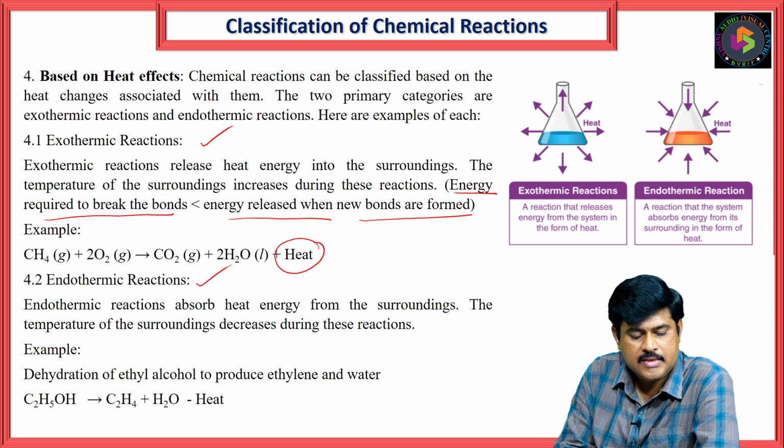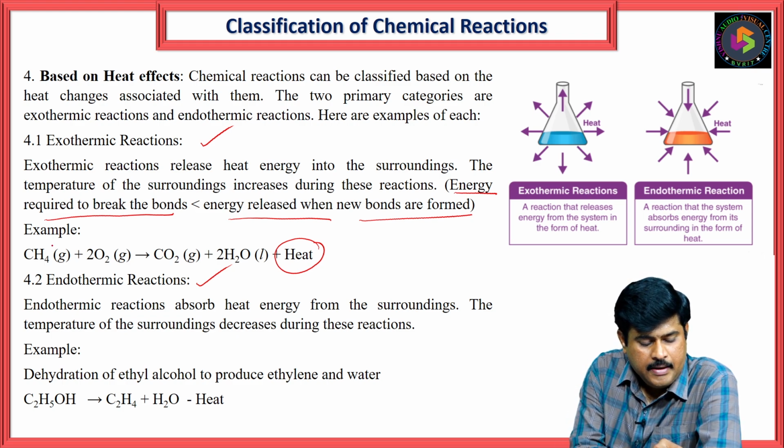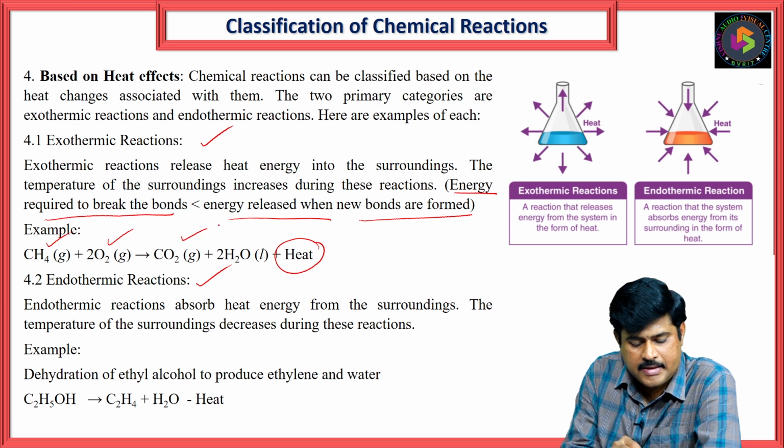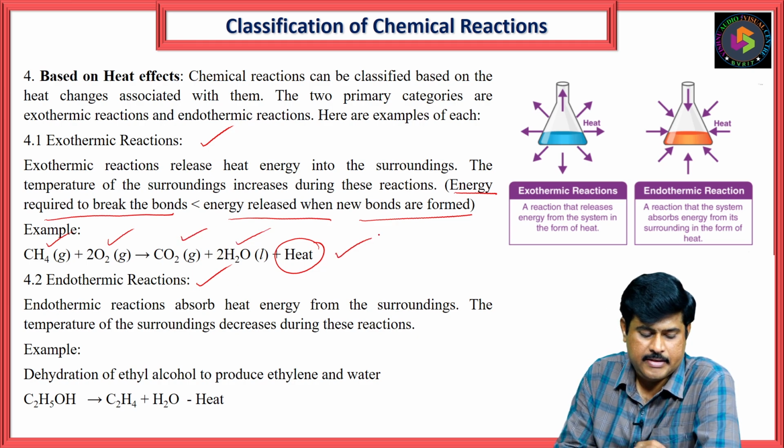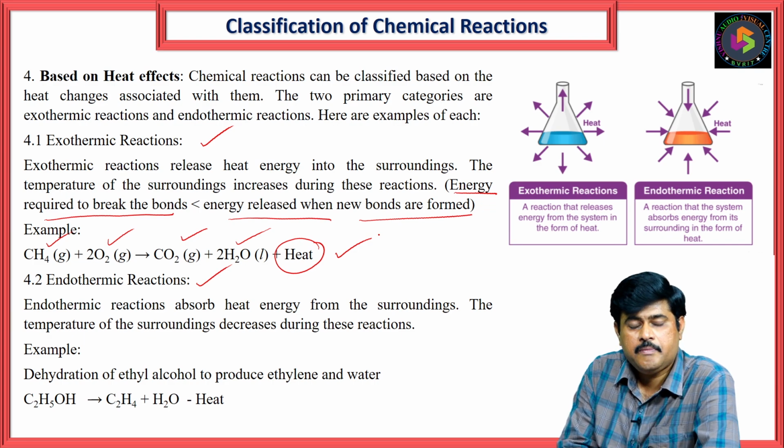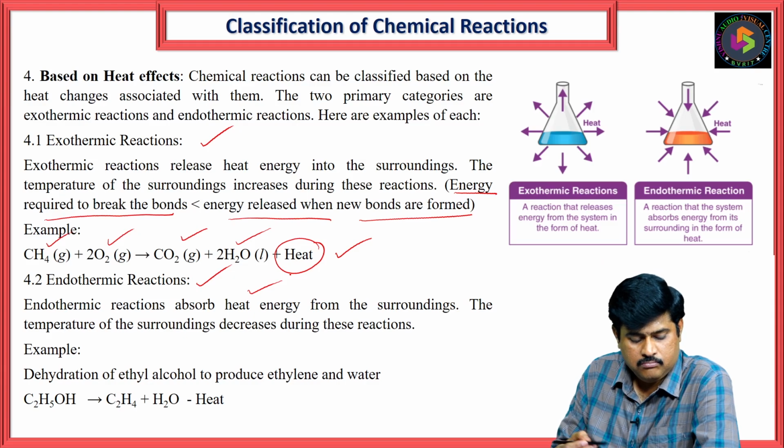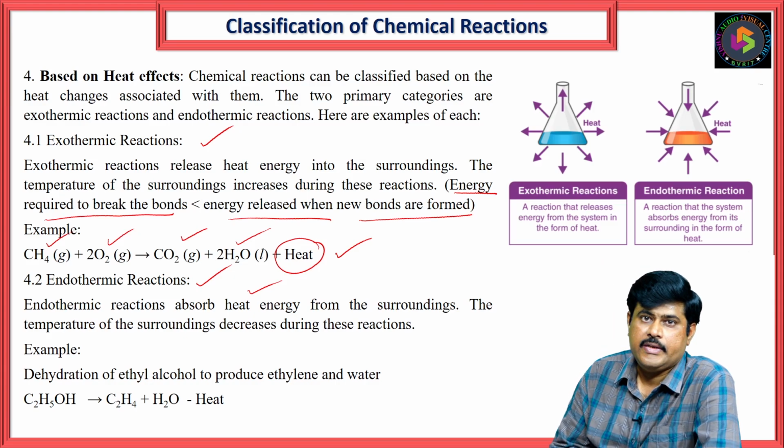The example for exothermic reactions is methane gas reacts with oxygen to form carbon dioxide and water. Along with this, heat will be released. Coming to the endothermic reactions, endothermic reactions absorb heat energy for the reaction. That means it takes energy from the surroundings.